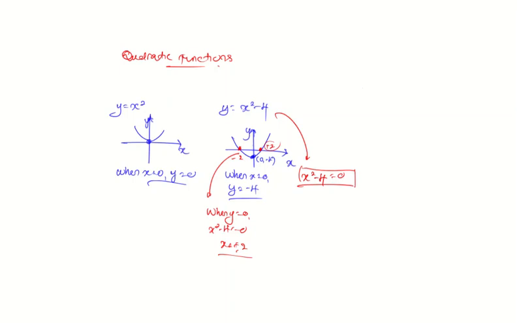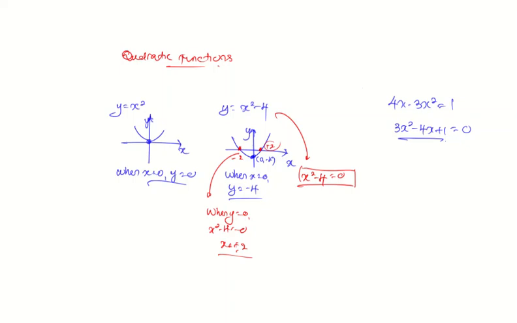When we look at questions like 4x minus 3x squared equals 1, I want to find the roots, I want to find the solution. So we are actually looking for 3x squared minus 4x plus 1 equals 0.